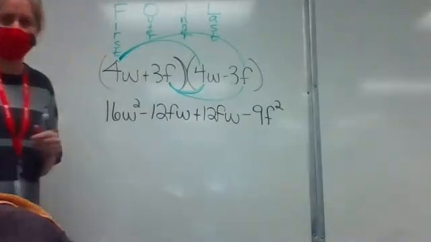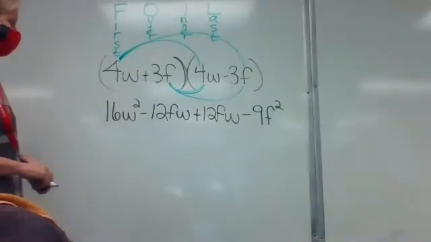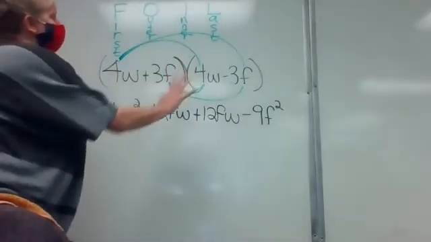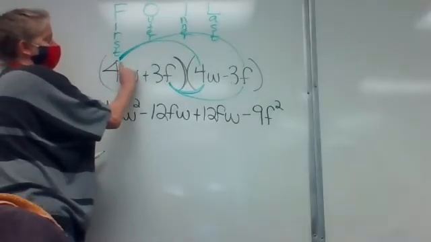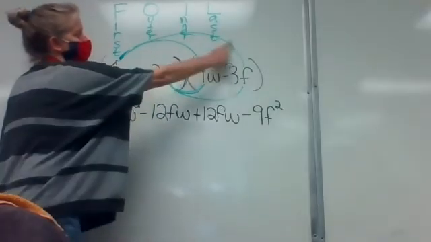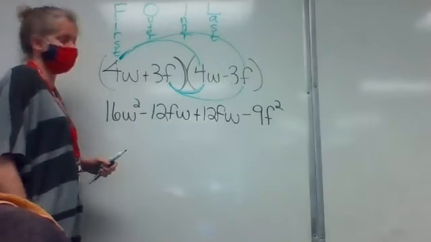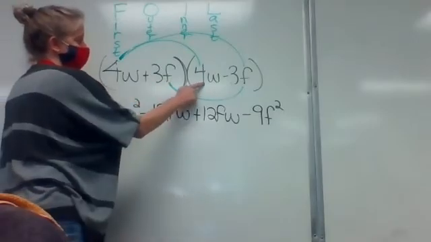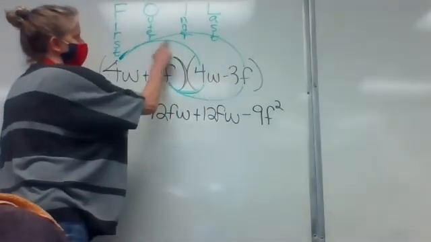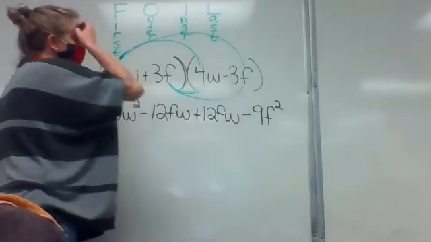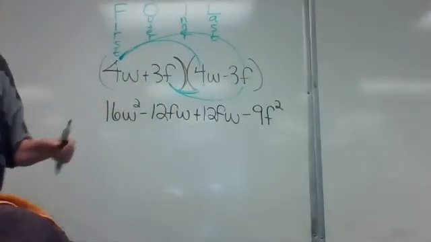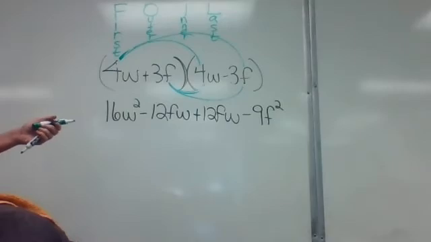F squared. So let's see now, after you do the FOIL, which again, the first two things are the 4w goes here and here. Then you start over with the 3f, and it goes to both of those. So first, outer, inner, last. Once you do this FOIL, then you're looking for like terms.